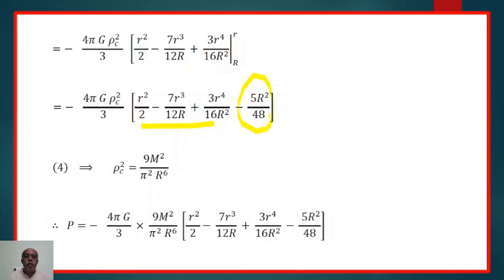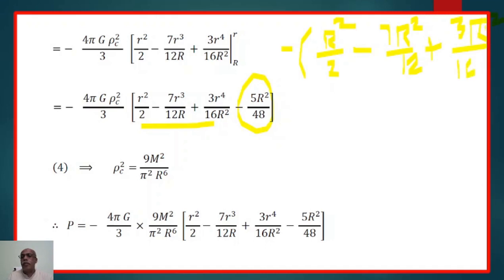This is nothing but minus of the lower limit value, R square by 2 minus 7R square by 12 plus 3R square by 16. On simplifying these three terms, we get minus 5R square by 48.